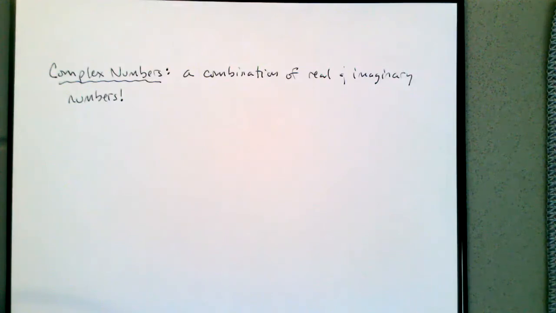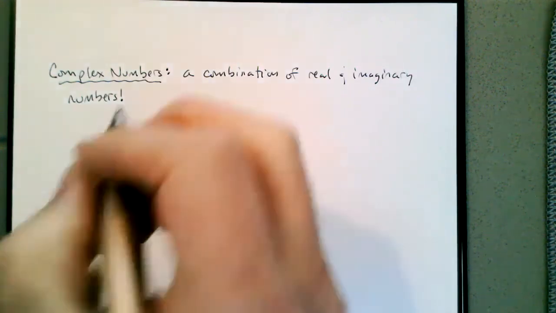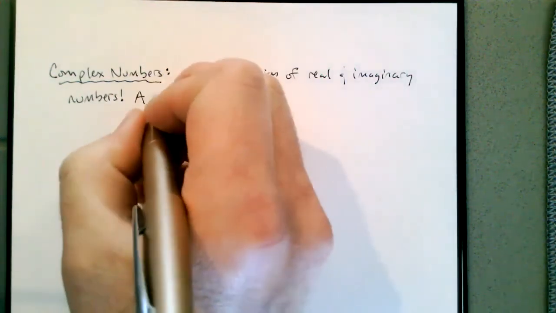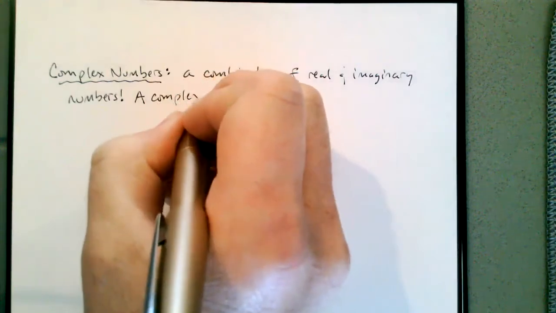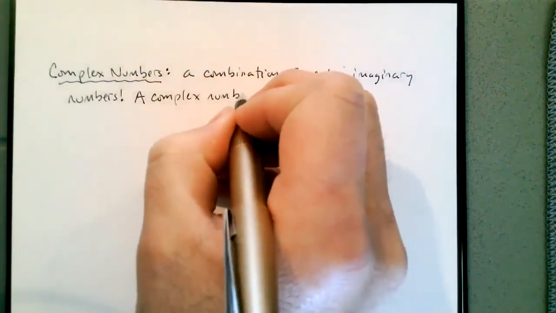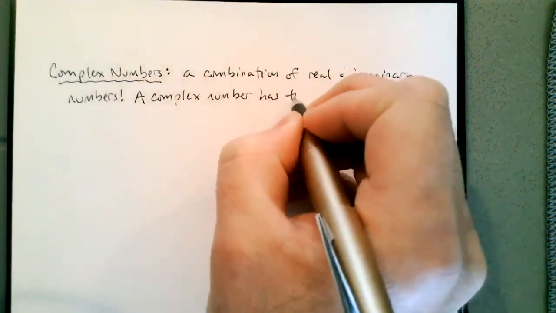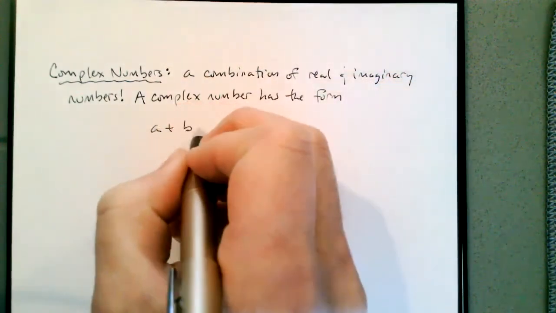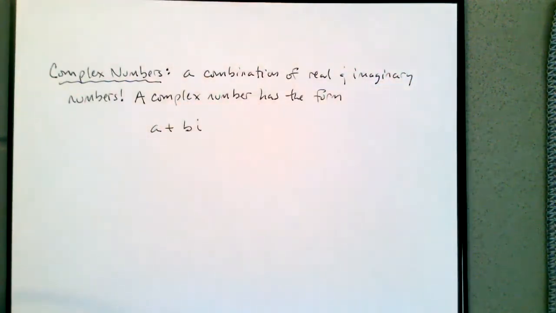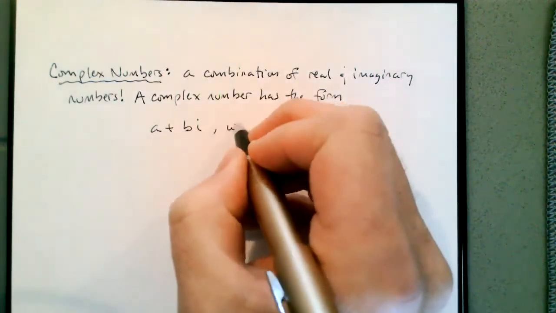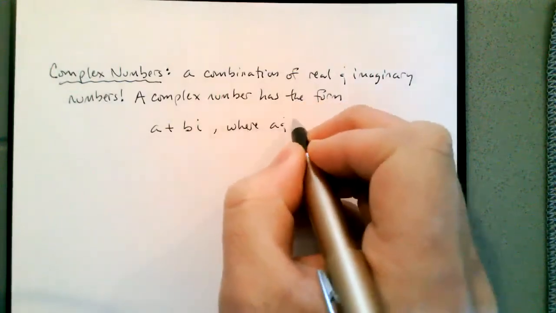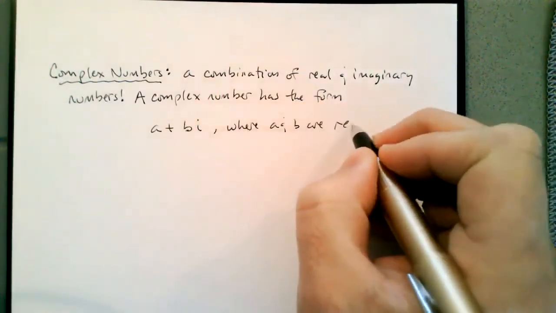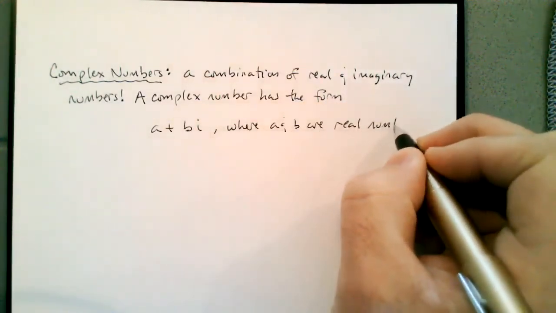A complex number has the form a plus bi, where a and b are real numbers.